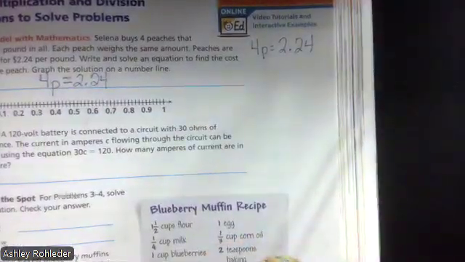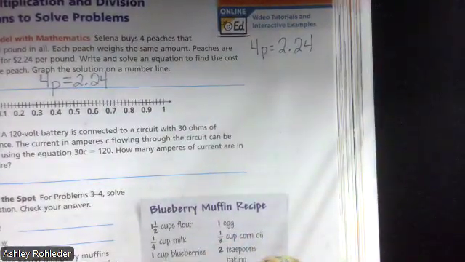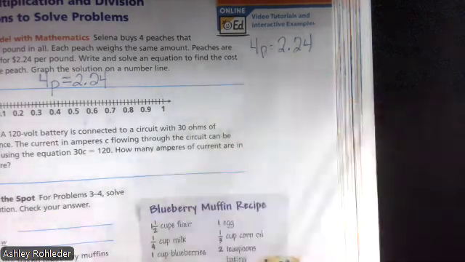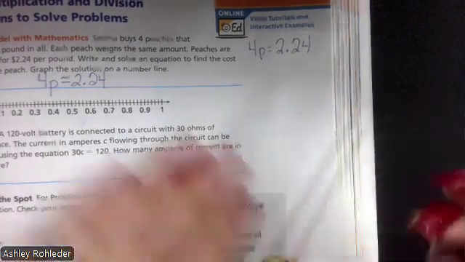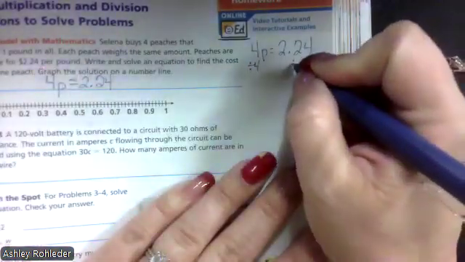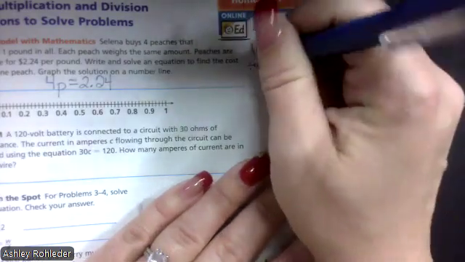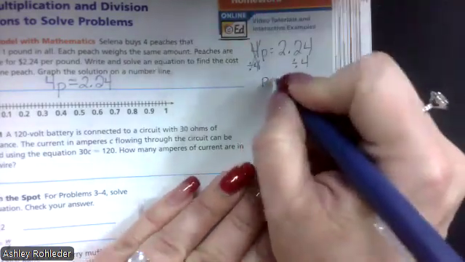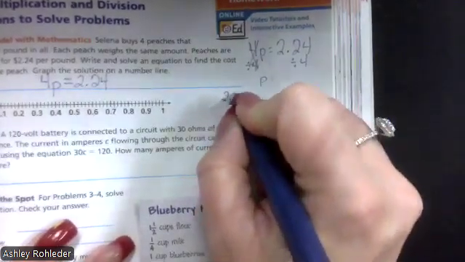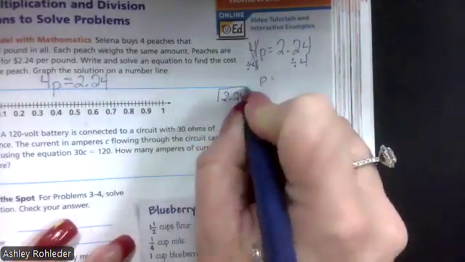I want to get P by itself, right? How do I do that? It's already 4 times P. Divide by 4. What we do on one side, we do on the other. Those cancel out. So I'm left with P equals 2.24 divided by 4.